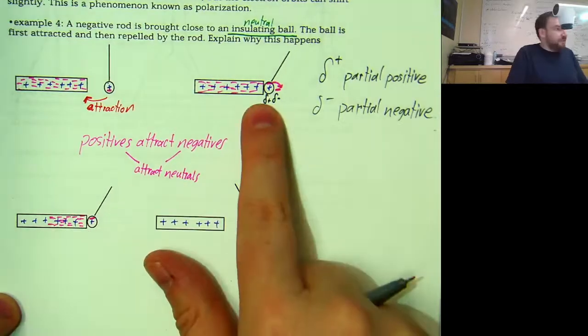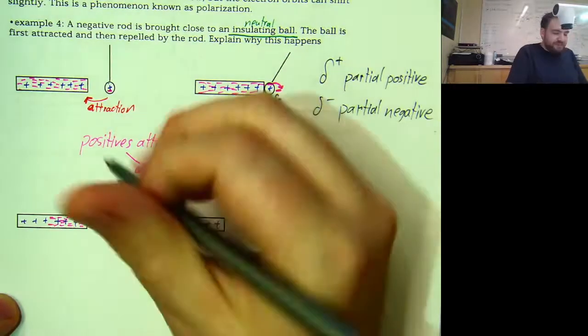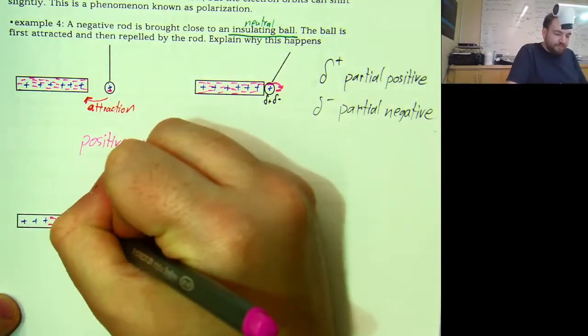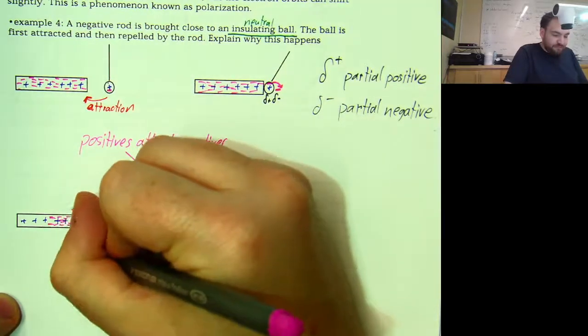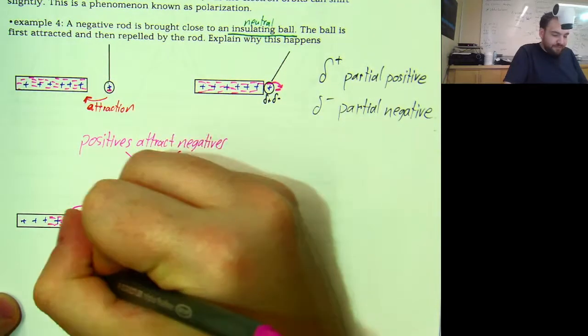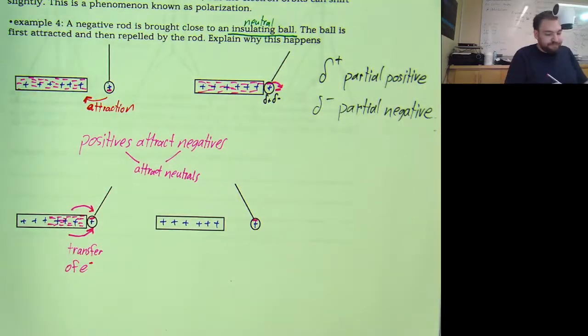Because we brought the partially positive pith ball over, or the insulating ball over, the electrons are going to shift. Some of them, not all of them, are going to actually end up jumping over onto this insulator. But they're insulators, so once they're there, they're stuck.